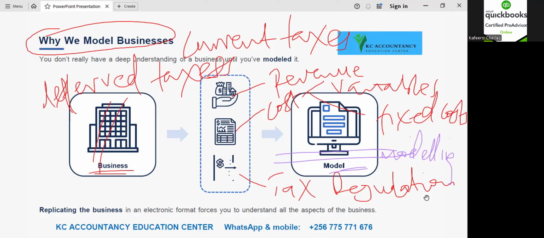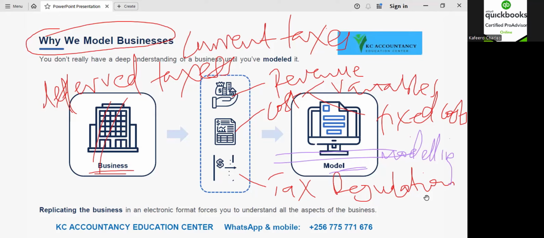So a financial model is really a replica of the business. And what we find is that replicating the business into an electronic format actually forces you to understand all the aspects of the business.